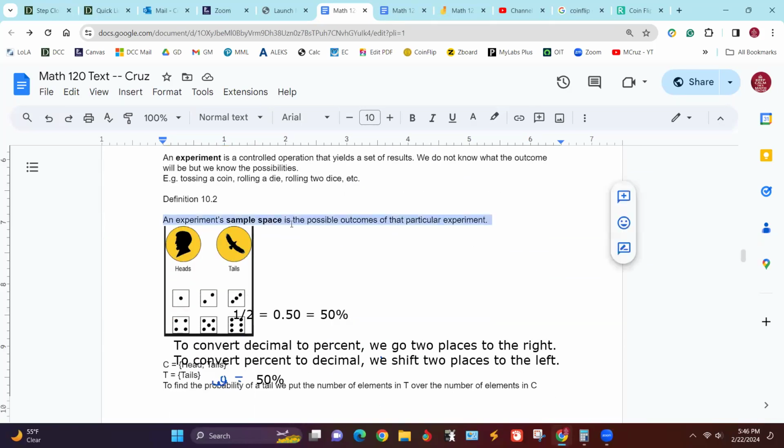Just to let you know, the sample space, I don't know if I specifically read this out, but when you see that term, it just means all possible outcomes you can have from doing that experiment, like the heads or the tails. There's 2 of them. So that's our sample space. For the die, there's 6 sides. That's our sample space.